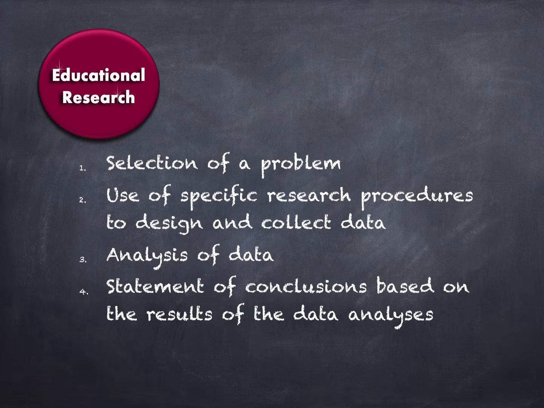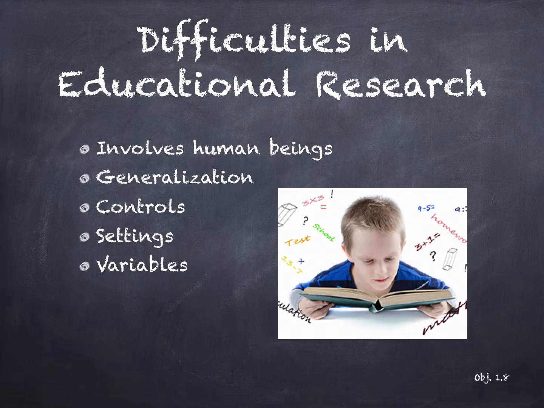So in educational research, you first select a problem and you design a research procedure and collect data on that problem. You analyze your data and then you make a statement of conclusions based on the results of your data analysis at the end. So there are several difficulties that arise in educational research. The first is that it involves human beings, which don't always act the way we expect them to.